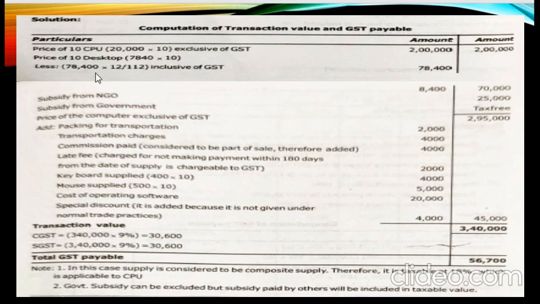So you can do 78,400 into 100 divided by 112, which is the cross multiplication, and you will get 70,000 directly. Here they have used a GST rate of 12%, so you have got GST of 8,400. Out of 78,400, 8,400 is GST. You will subtract that and get 70,000. Both ways are right.